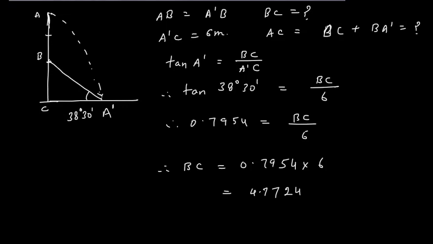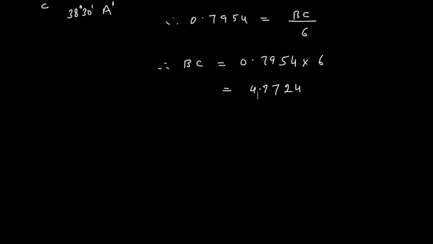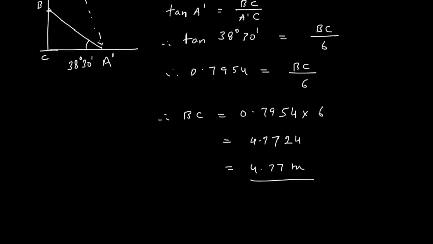It is 4.7724. The question says to calculate the original height of the tree correct to 2 decimal places, so we keep 2 decimal places. This is 4.77 meter, the value of BC. So this gives me the height at which the tree is broken.